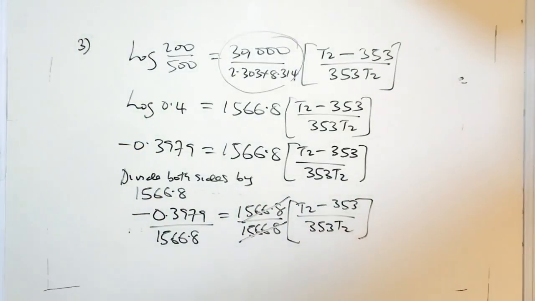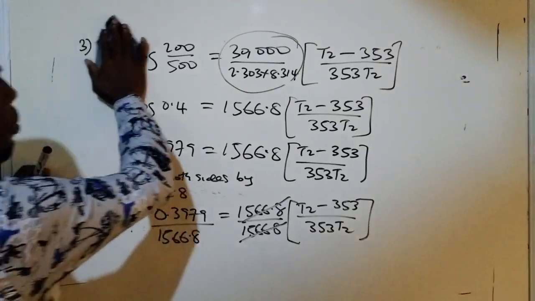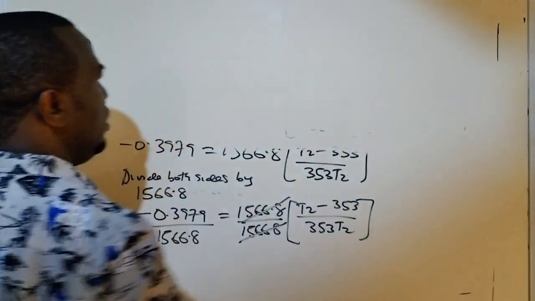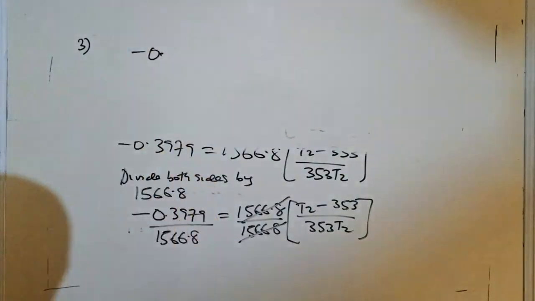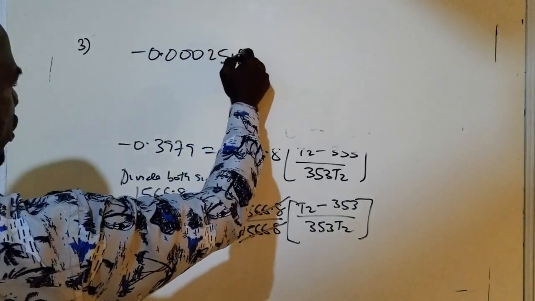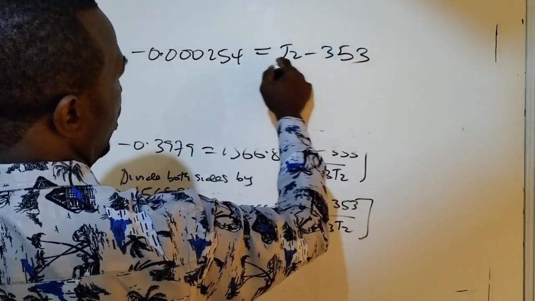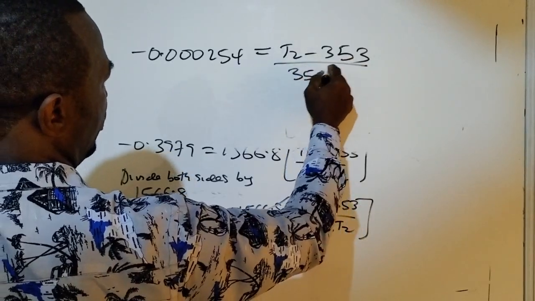You see that? So when we divide the left hand side, we are getting negative 0.0000254 equal to T2 minus 353 all over 353 T2.